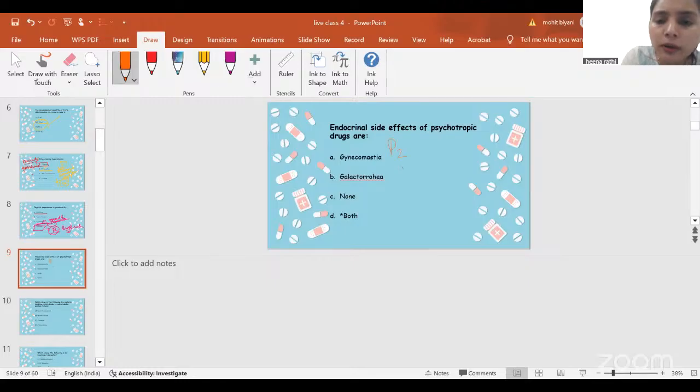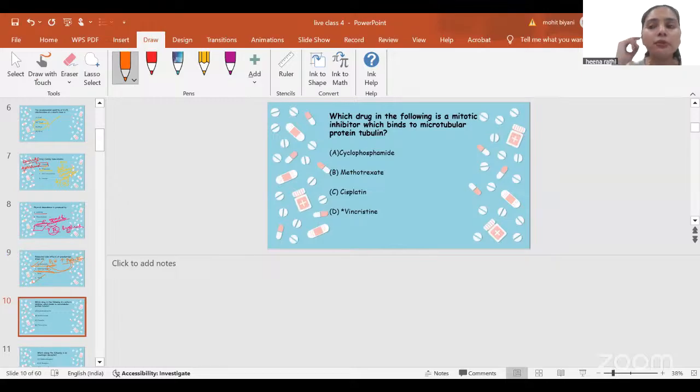It means the prolactin is increased, because prolactin is inversely proportional to dopamine. Because dopamine is decreased, prolactin is increased, and prolactin is responsible for the production of milk. So there will be gynecomastia, and the release of milk will be there. There will be galactorrhea. Gynecomastia is the increase in the size of the breast. Galactorrhea is the release of milk. So both symptoms will be seen in a person who is taking antipsychotic drugs for a long period of time.